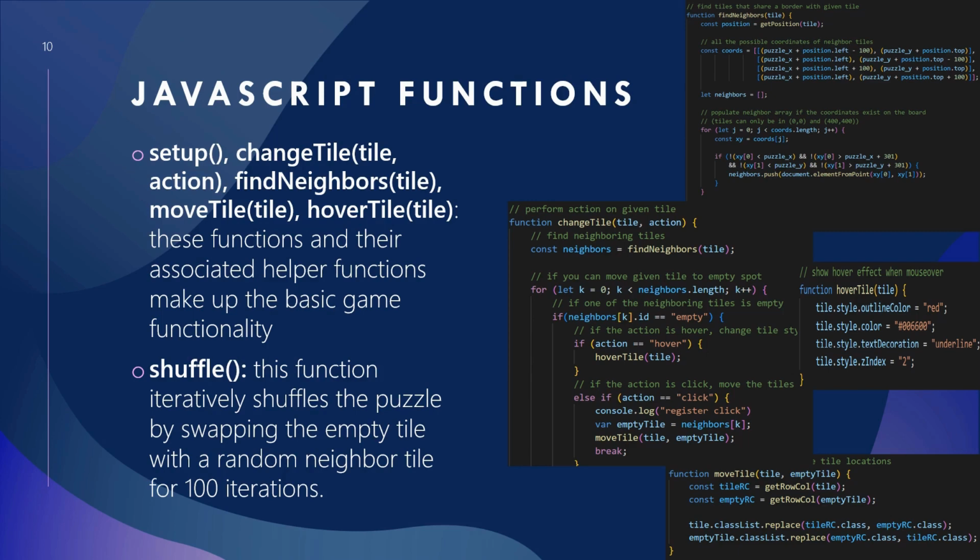The move tile function will swap the class to swap the tile locations. And the hover tile function will change the color of the border and text styling once a user hovers over that tile. Shuffle will move the tiles around within the puzzle for 100 iterations.